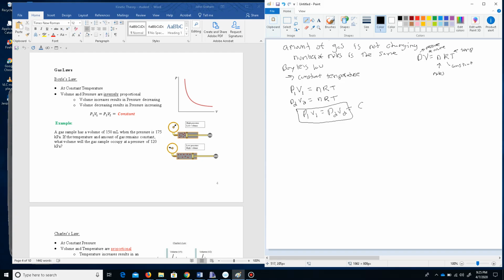Think of pressure as 3, volume as 4, and I'm not worrying about units right now, and nRT equals 12. If this goes up to 6, and this has to stay constant, then that has to go down to 2. That's how it's inversely proportional: one increases, the other has to decrease.